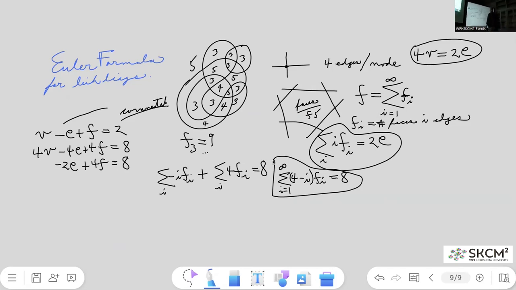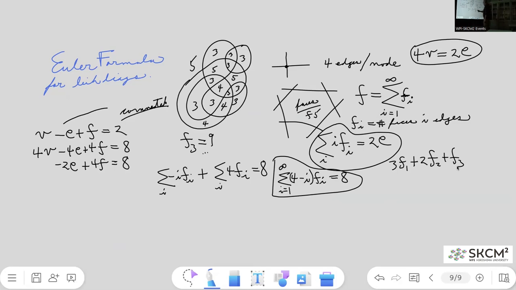Let's write it out. Start at i equals 1, and you get 3F1, 3 times the number of faces with 1 edge, plus 2 times the faces with 2 edges, plus 1 times the faces with 3 edges. 4 doesn't occur in the formula.